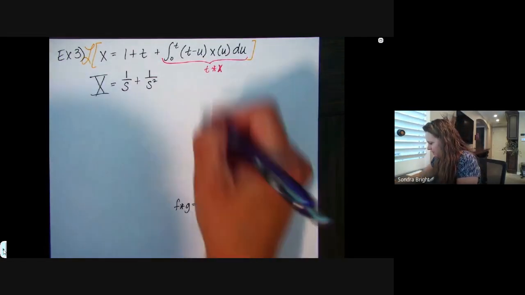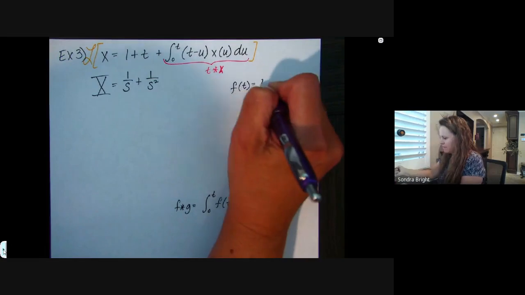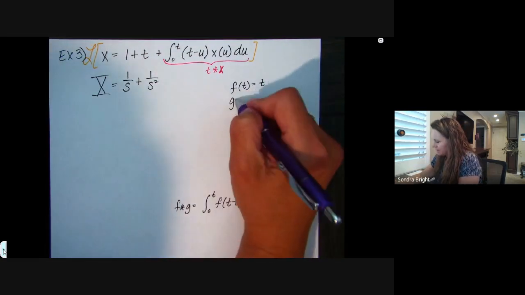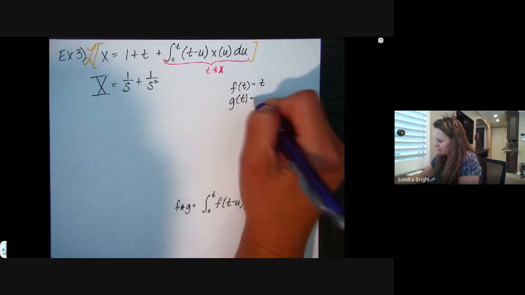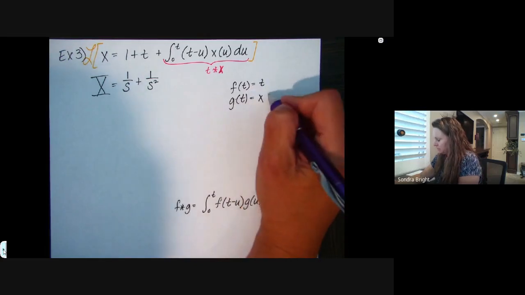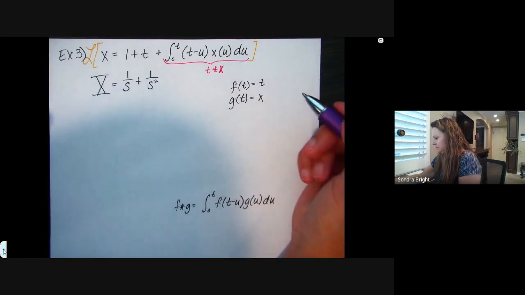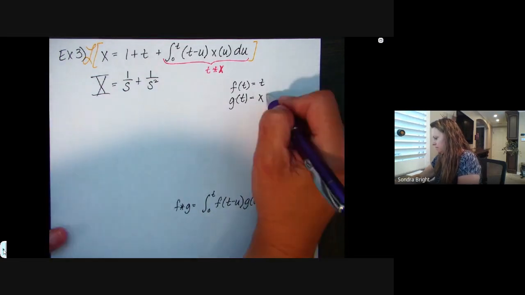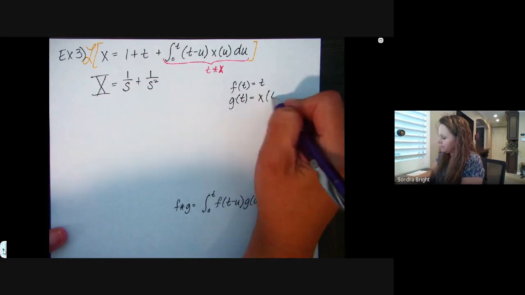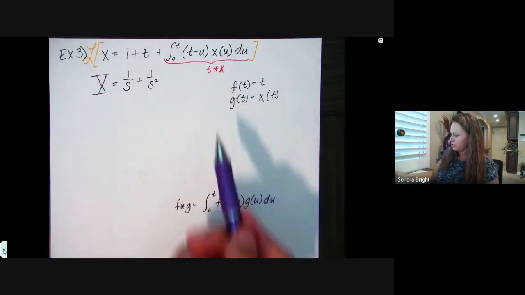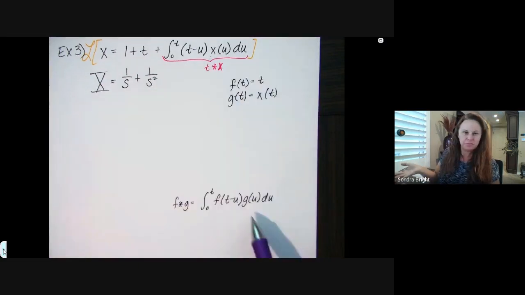I'll write it up here. f of t is t, and then g of t is x of t. Technically it's t, but because we're doing it of u, then x of u.